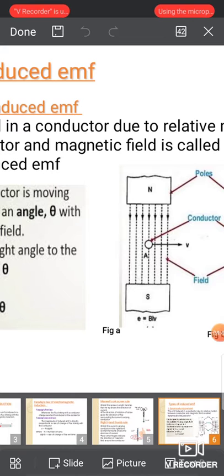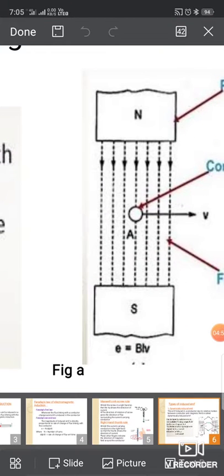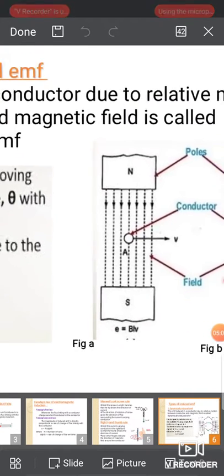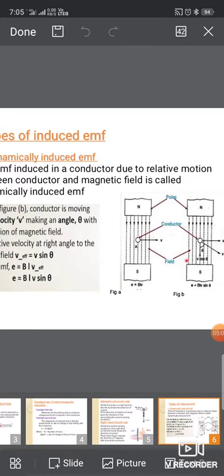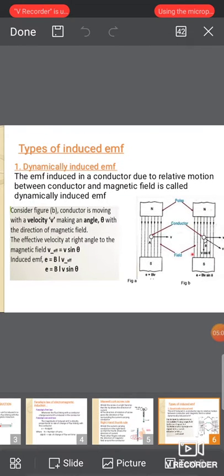First, there should be a presence of magnetic field. Second, the conductor should be present in the magnetic field, and third, there should be a relative motion between conductor and magnetic field.